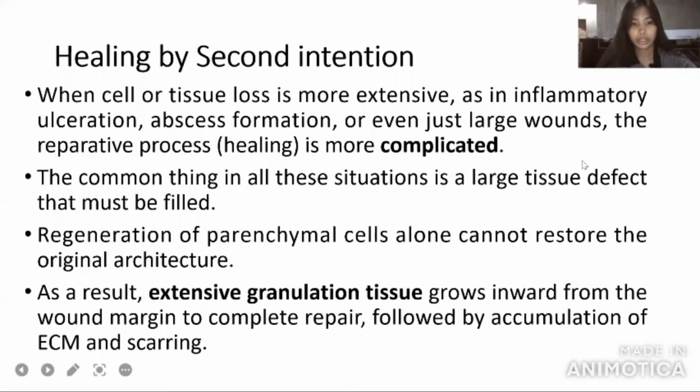Regeneration of parenchymal cells alone cannot restore the original architecture. As a result, extensive granulation tissue grows inward from the wound margin to complete repair, followed by accumulation of extracellular matrix and scarring.